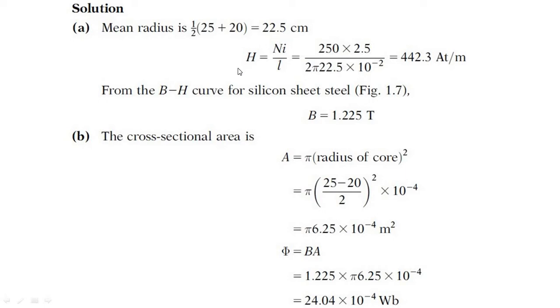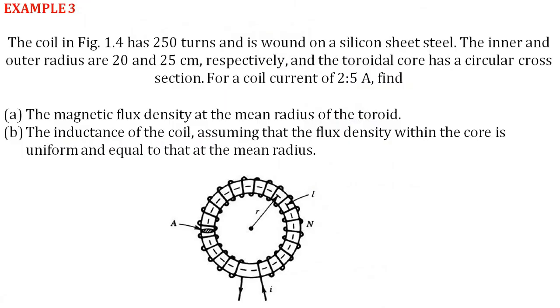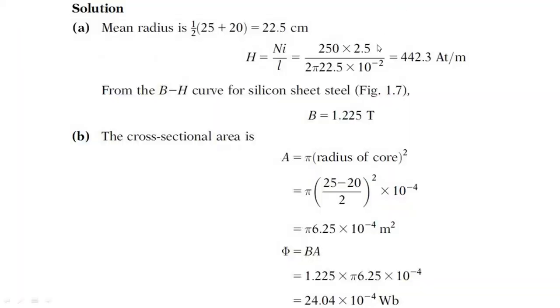Next, the magnetic field intensity, that means H is equal to Ni divided by L. As already mentioned in the problem, the number of turns is 250 and the current is 2.5 amps.